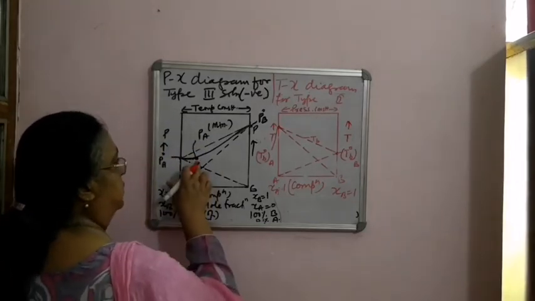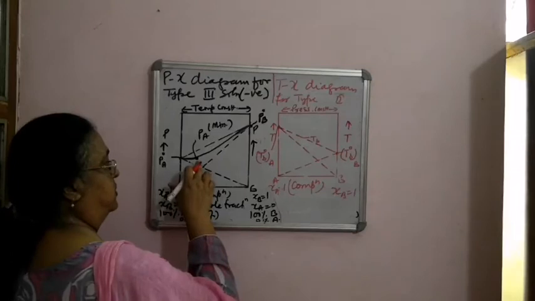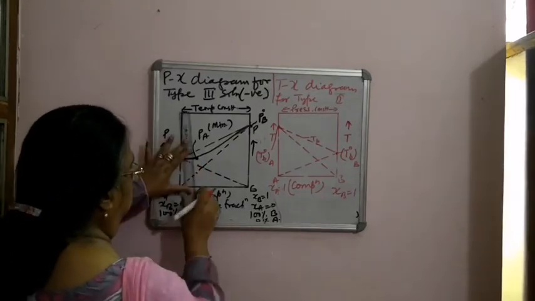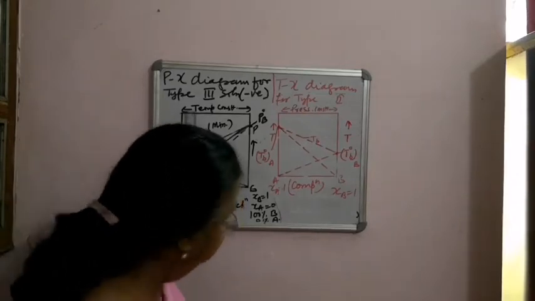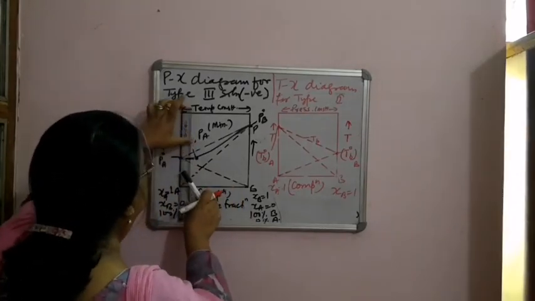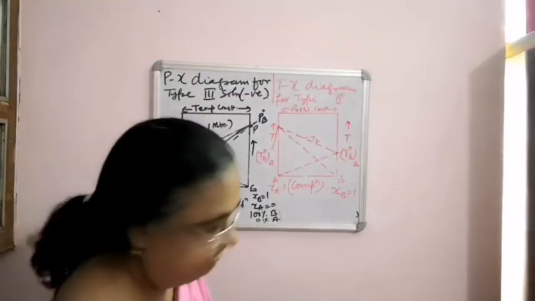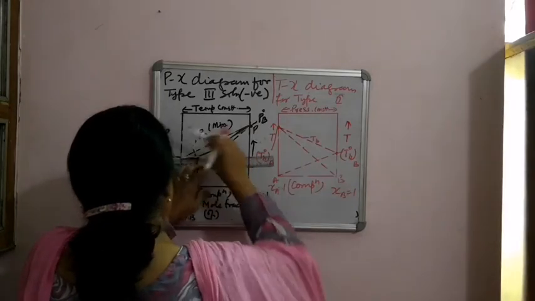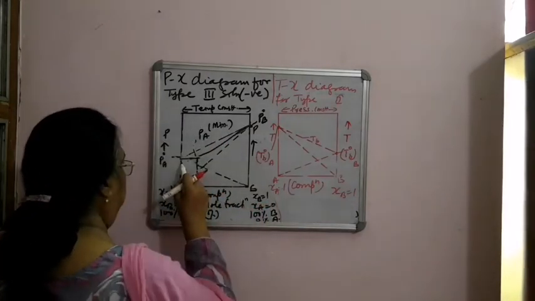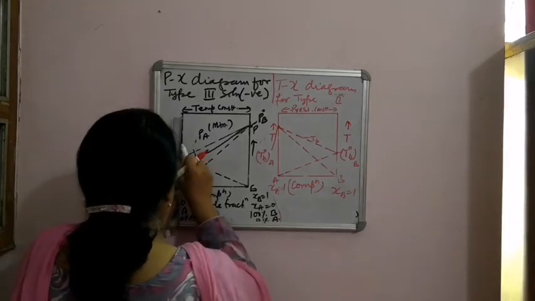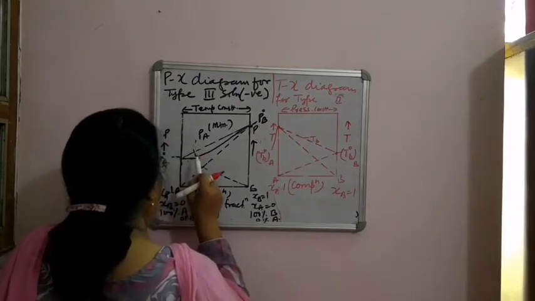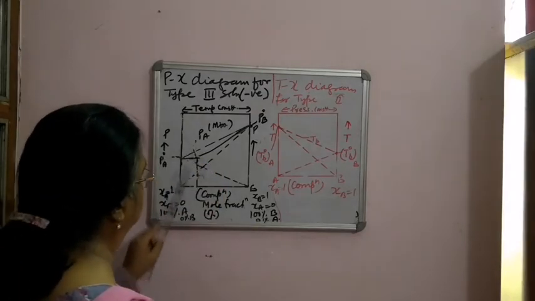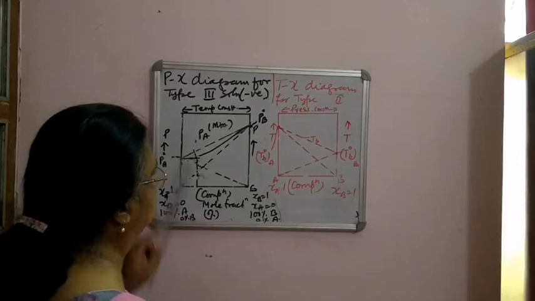The vapor pressure is low, so the vapor pressure of the solution is low at that point. So at this composition and this pressure, the pressure is the least here.